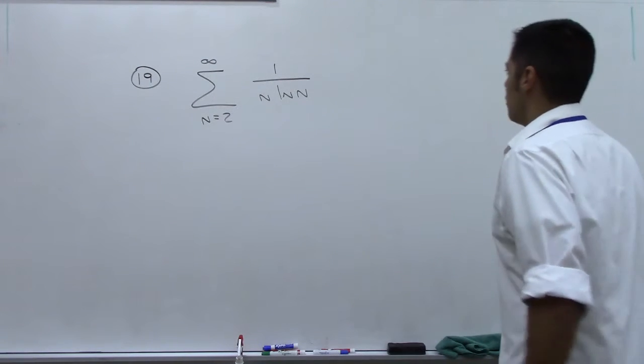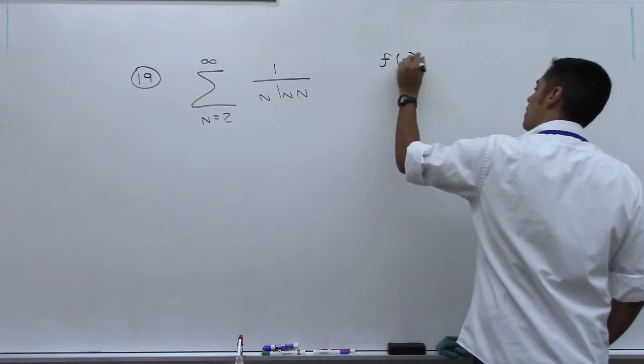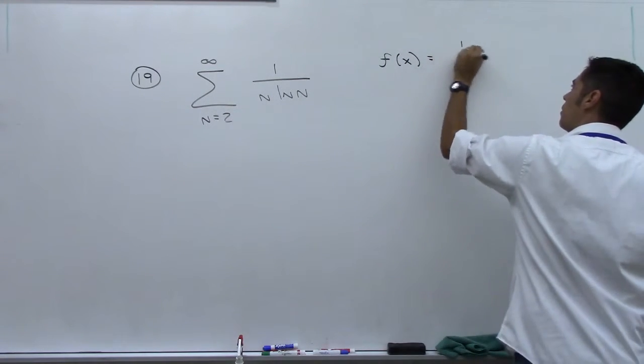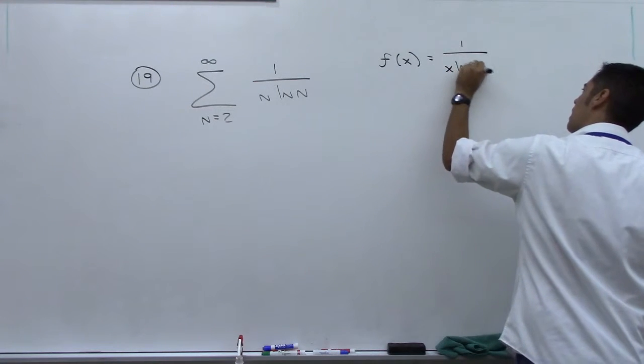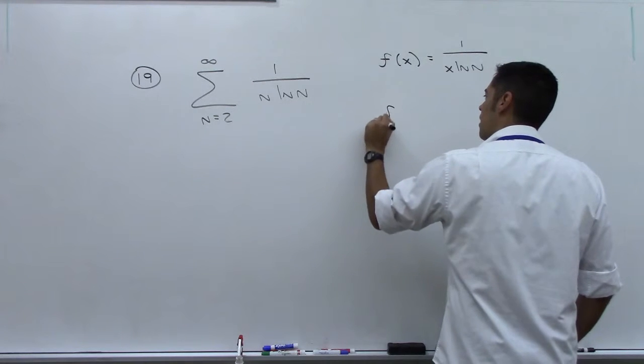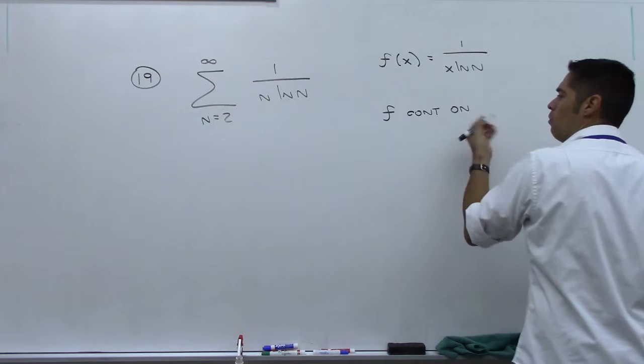So what do I need? First of all, I need to convert the series, and the sequence in here, to a function of x. And then I need to check some conditions first before I can apply the test. So is f continuous on the interval 1 to infinity?